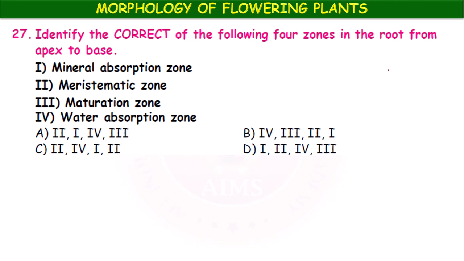If you take a root, here the root cap will be present, and here the meristematic zone, zone of cell division, then zone of elongation, zone of maturation, like that. Mineral absorption zone, meristematic zone, maturation zone, water absorption zone. So you have to select the correct option.